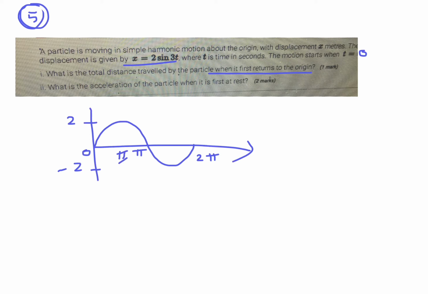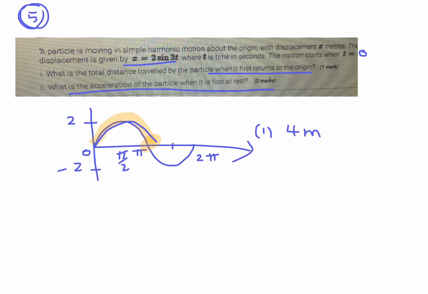So we want it when it first returns to the origin. If you look at this particle here, it starts here, first returns to the origin after pi seconds. So how far has it gone? It's gone up 2, down 2, so it has gone 4 meters.